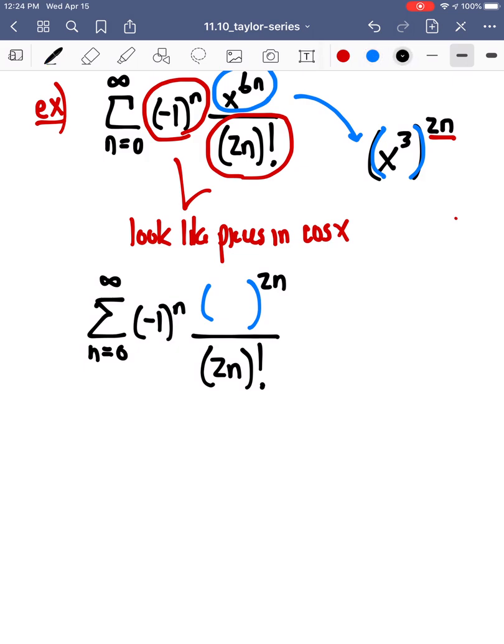So in those blue parentheses, what we need to write is just an x cubed. So our series that we mathematically manipulated into the form of a cosine is just equal to cosine of x cubed.